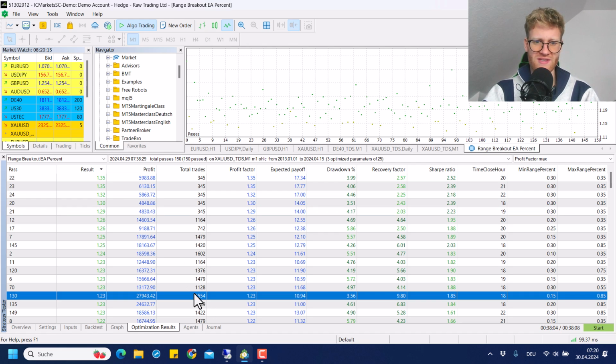So I went for the settings that gave me a little bit more trades, and this is why I trade here with the 0.15 to 0.85% for the range filter and close at 18 o'clock. And this is the test that I just did. Here the profit factor is a little bit better, but again, the optimization was done with 1 minute open, high, low, close prices, so not 100% accurate.